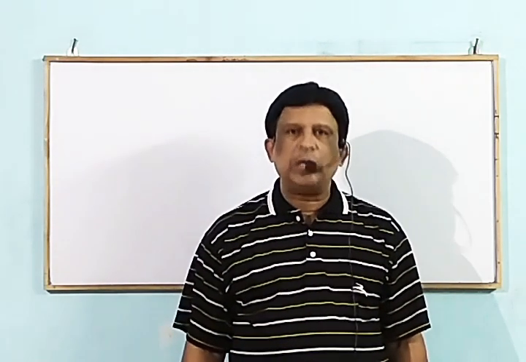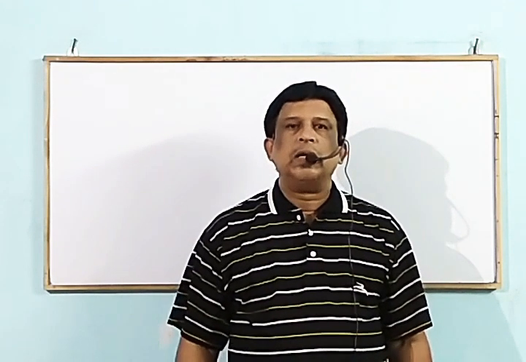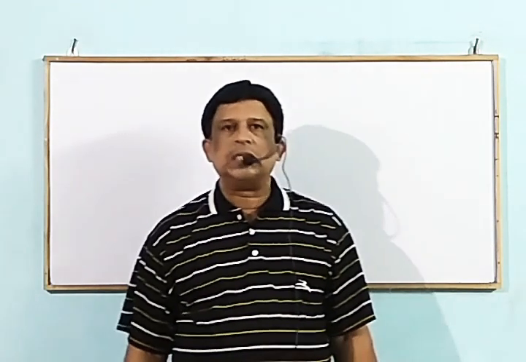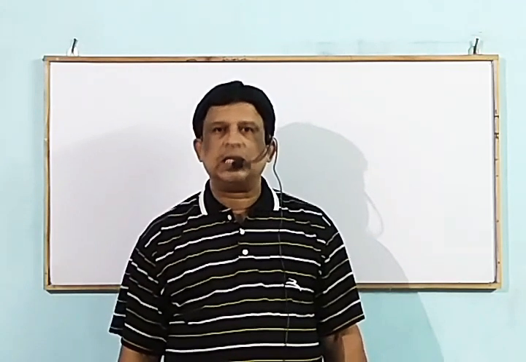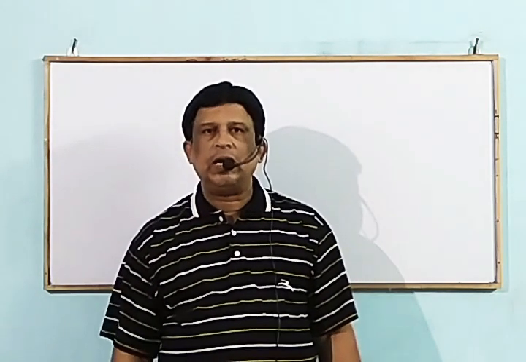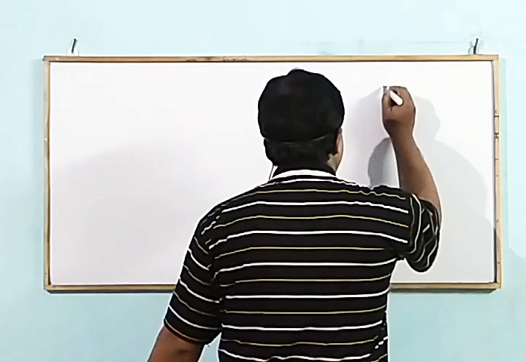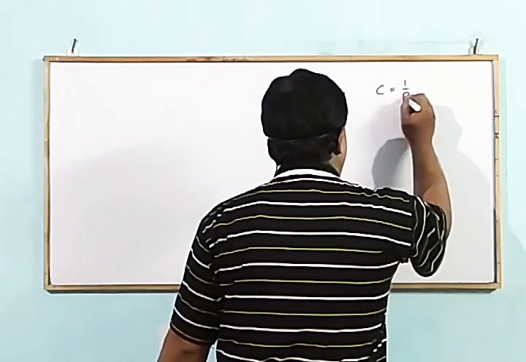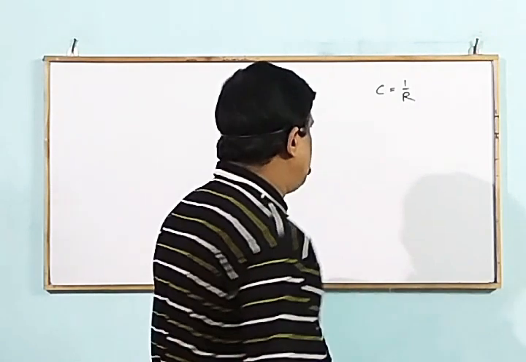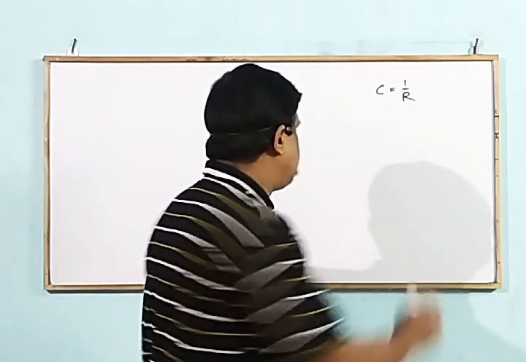Then specific conductance kappa and specific resistance rho are interrelated with some formulas. C is equal to 1 by R, that is, conductance is equal to the reciprocal of resistance.